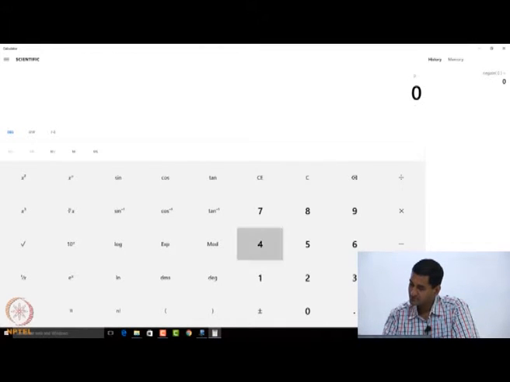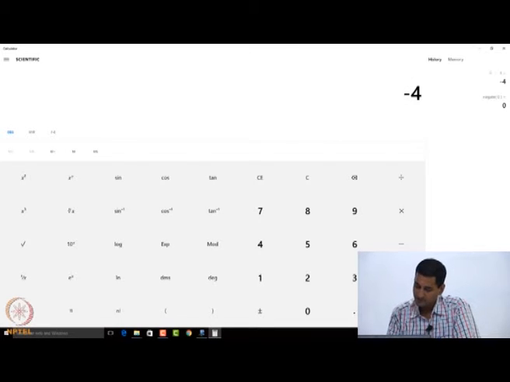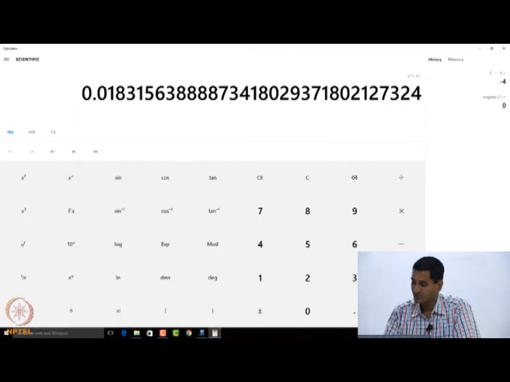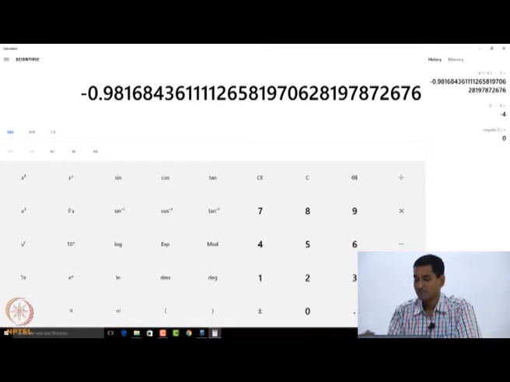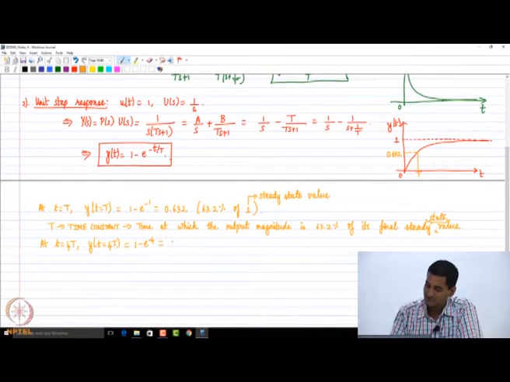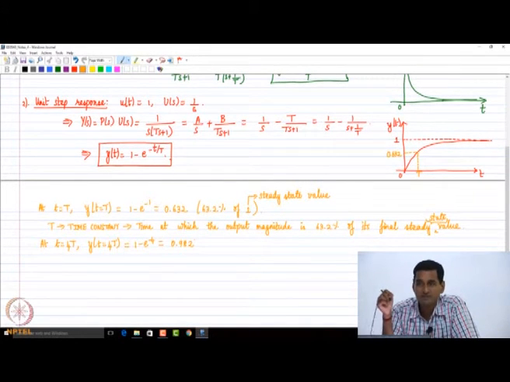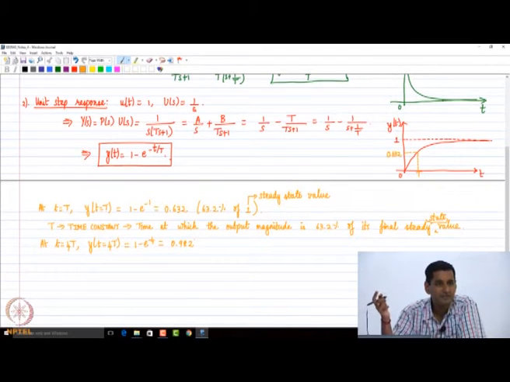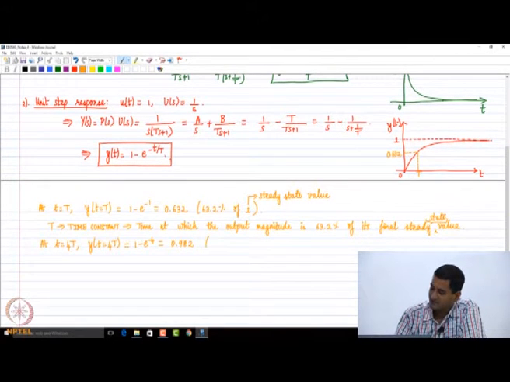If you take the exponential of minus 4 and then do 1 minus that, we are going to get 0.982 or something like that. Do you agree? 0.981 something, so this is close to 98% of the final value.